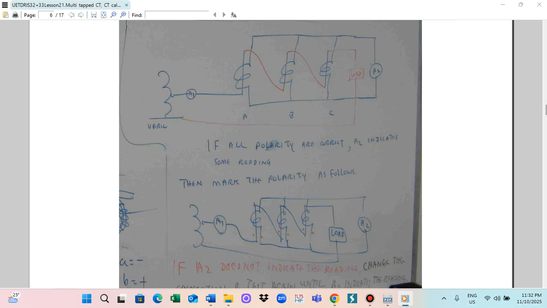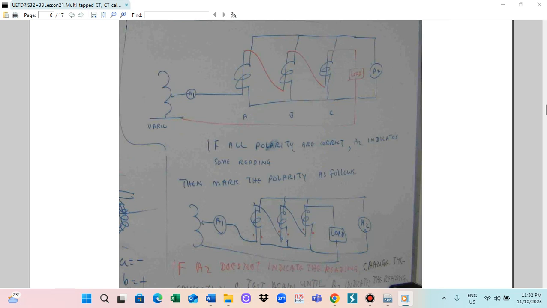And for the primary winding, we make the connection. We first join this one. Here is a variac, and we put the ammeter here. We connect like this, this winding terminal connects this way to the load, and the other side is connected to the variac. In this way we make the connection.